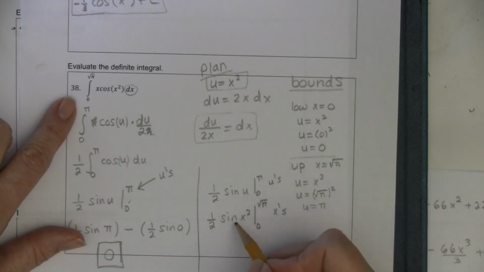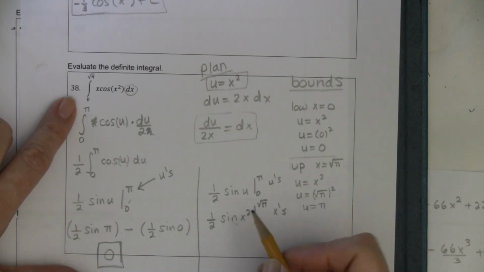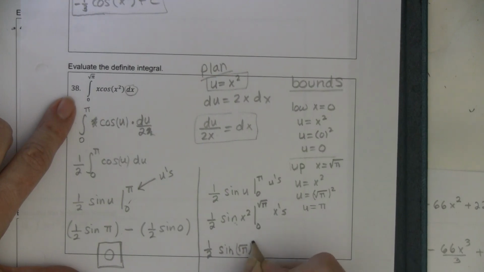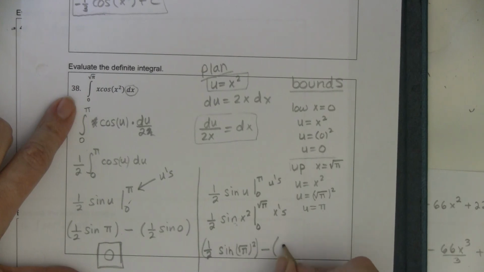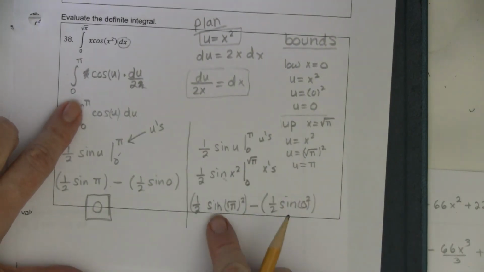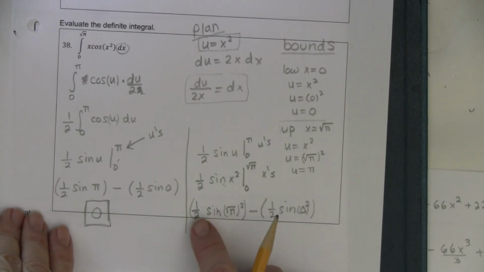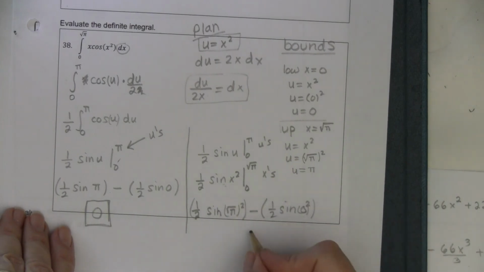And so there's no reason to go back to x's, right? But just so that you can see that it does give you the same answer, you get half sine of the square root of pi squared, minus half sine of 0 squared, and the square root of pi squared is pi, the sine of pi is 0, half times 0, you get the same answer, right?